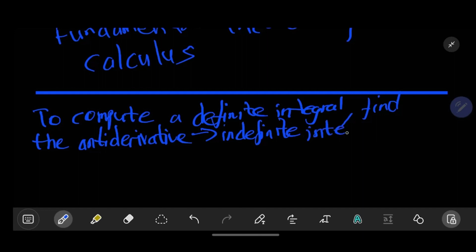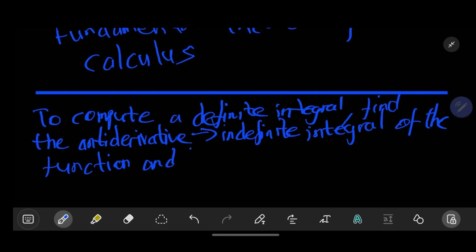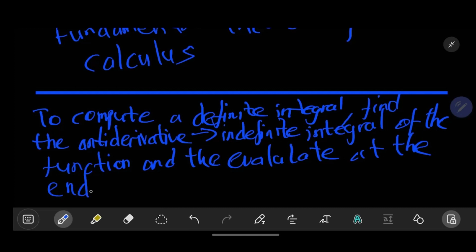So we basically need to find the indefinite integral of the function, and then we need to evaluate the function at the endpoints, where x equals a and x equals b.